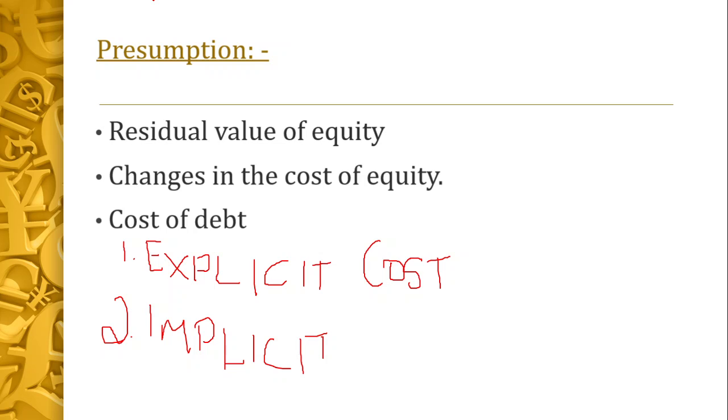If that is the case, out of all the options available, can we consider anything as the optimum capital structure? Definitely no, because we cannot choose one, right? Irrespective of what you choose, the cost of capital is going to be the same.